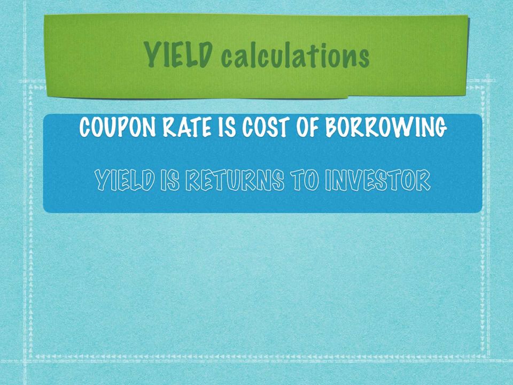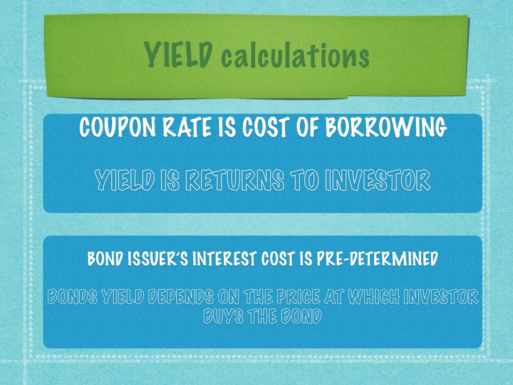This is a very important thing to remember: whatever is the cost of borrowing is a cost to the issuer, to the borrower. Therefore, that is predetermined. That is ascertained at the time of issuance of the bond. But yield is a return to the investor, and that return can vary from investor to investor on the very same bonds.